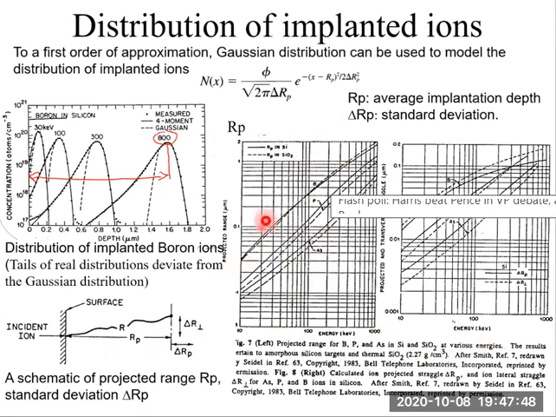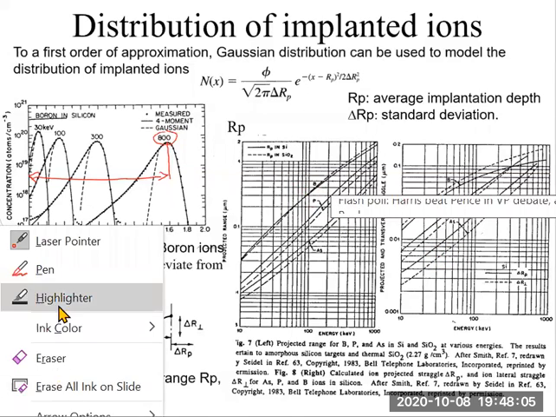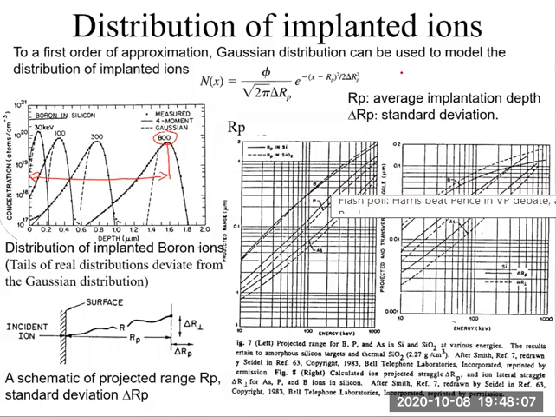Let's take a look at the boron curve, the top curve for boron. Let's assume that we have a 0.4 micron polysilicon. The polysilicon is 0.4 micron thick, and we want to dope this polysilicon thin film using boron.